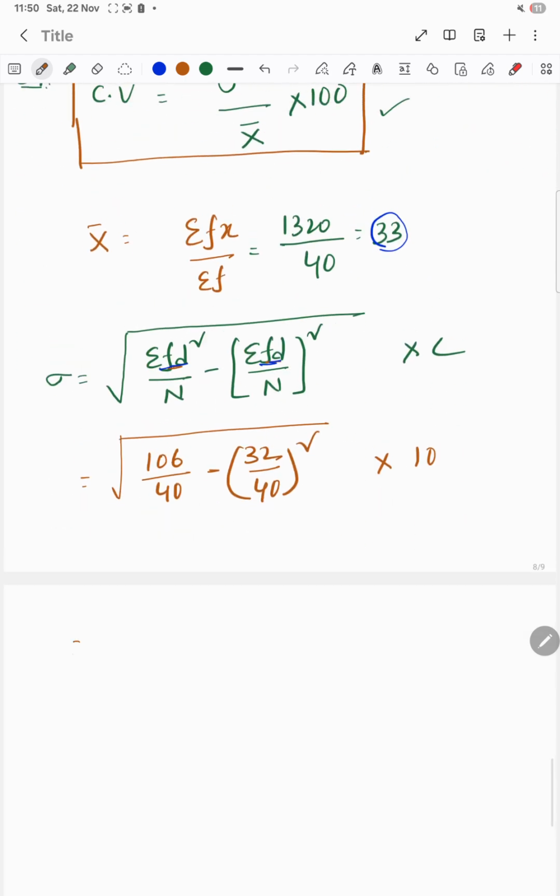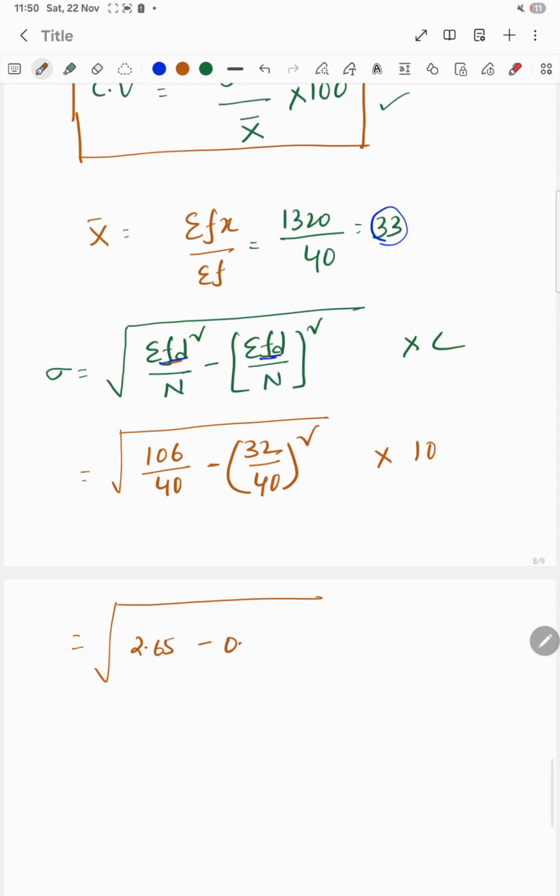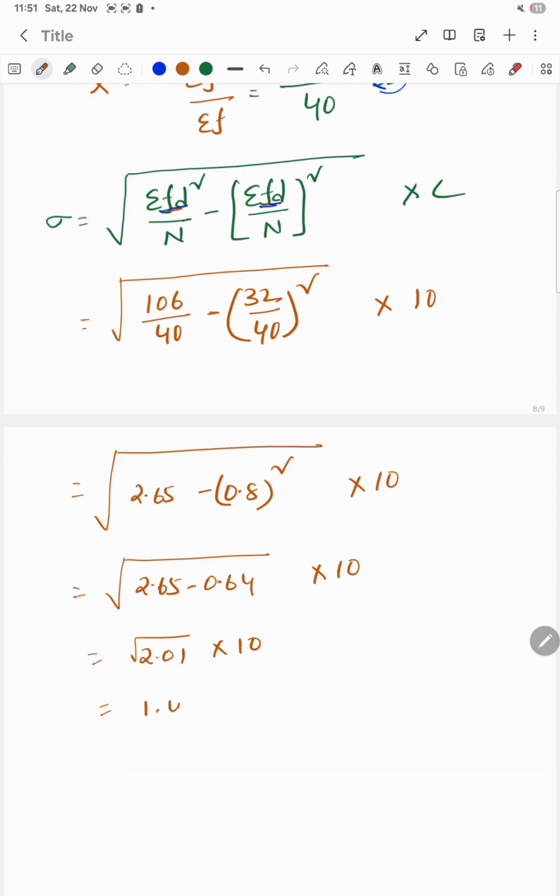This implies square root of 106 by 40, which gives 2.65, minus 32 by 40, 0.8, whole square, whole term into 10. This implies square root of 2.65 minus 0.64, into 10. This implies 1.41 into 10, you will get 14.1. So 14.1 is the standard deviation.